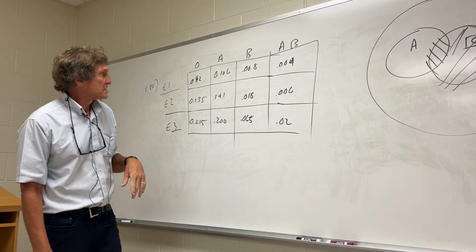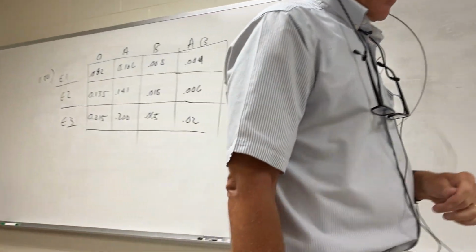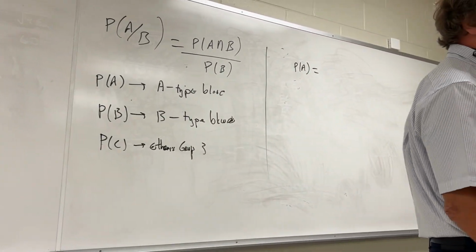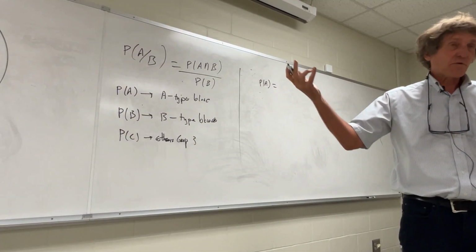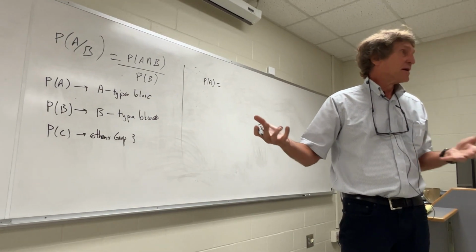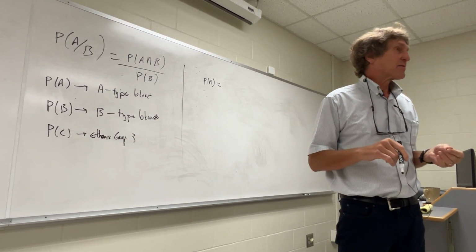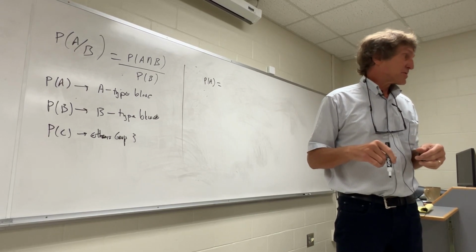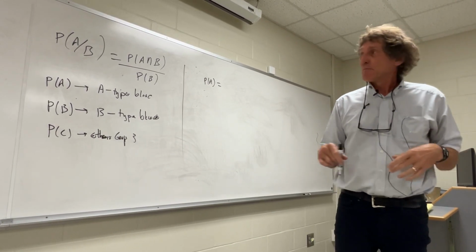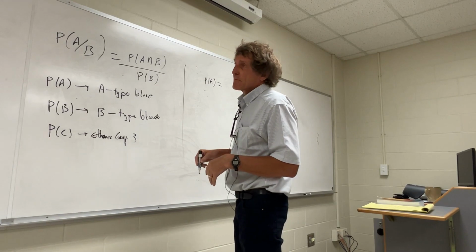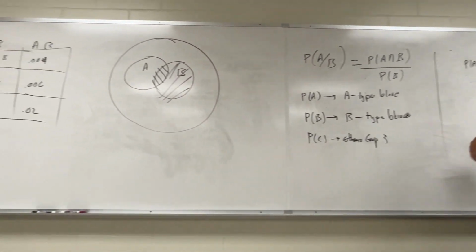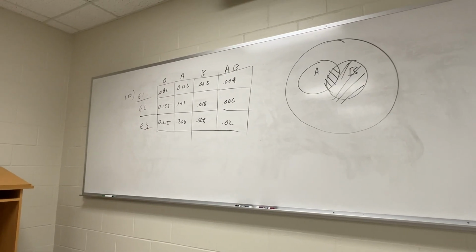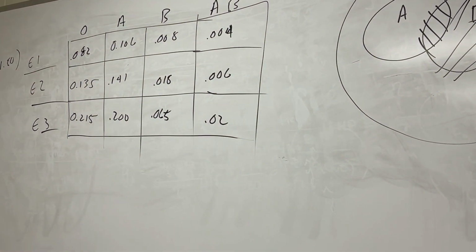By the way, when I was doing this last night, I got rid of that decimal point. I just calculated the numbers, because the ratios will be the same if you multiply everything by 10 or by 1,000, and you just take ratios and numbers, you get the same thing. But for this one, probability of A is going to be, we got 106, 141, and 200, so it's 0.106, right?